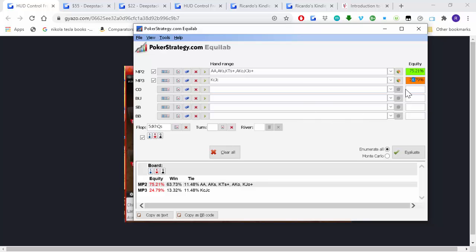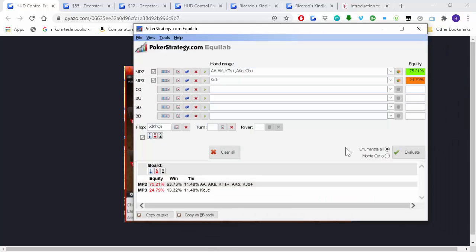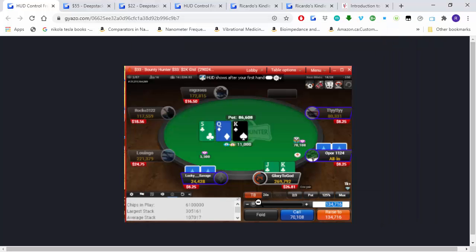To have a backdoor flush draw, it's worth 3.5% equity. It's good to know that. I guess that's pretty significant in a really close decision, it's enough of a factor having a backdoor flush draw. But here, yeah, there's just no way I could ever have enough equity.